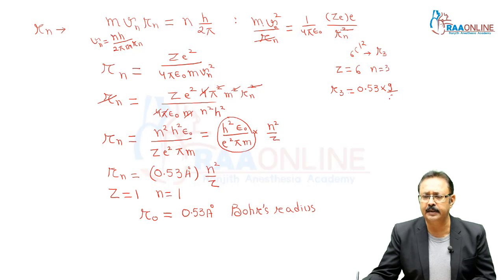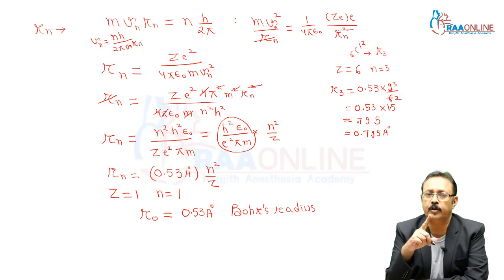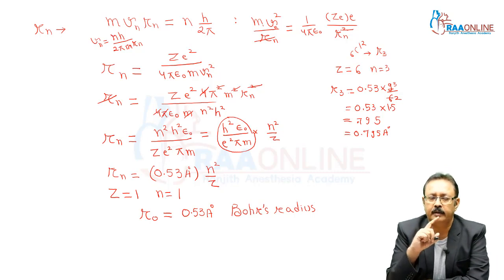Carbon atom, Z is 6. 3 2s are, 3 3s are, means 1.5. Only you need the table of 15. 15 3s are 45, carry 4. 15 5s are 75, 79. Decimal after 3 places. So what are we getting? 0.795 angstrom. It means the radius of the third orbit of 6C12 carbon atom should be 0.795 angstrom.